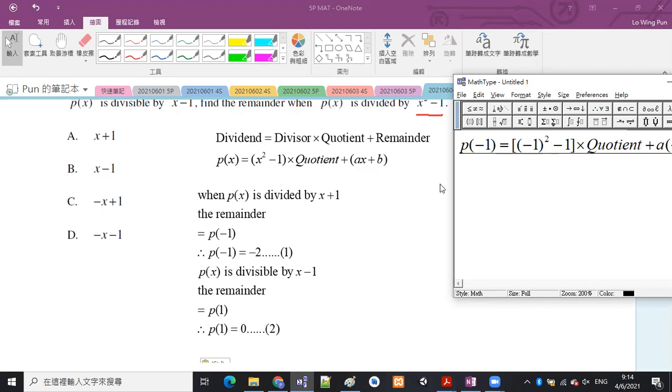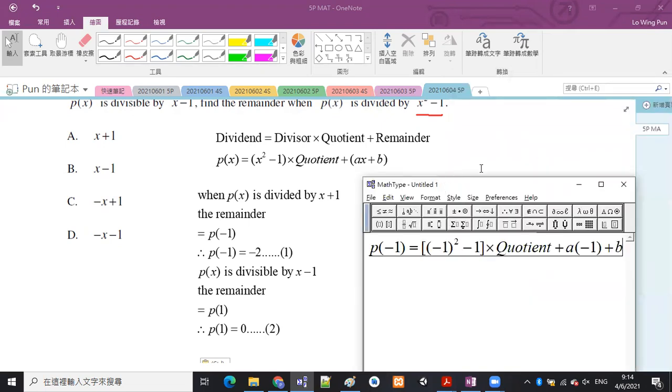Can you see? Because I have let P(x) be x² minus 1 times quotient plus a times x plus b. So when I change the x to be -1, I need to change every x in the formula to be -1.